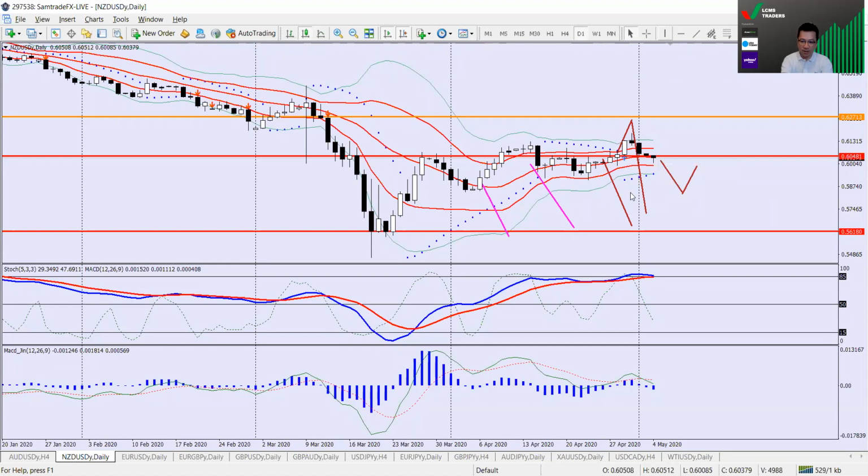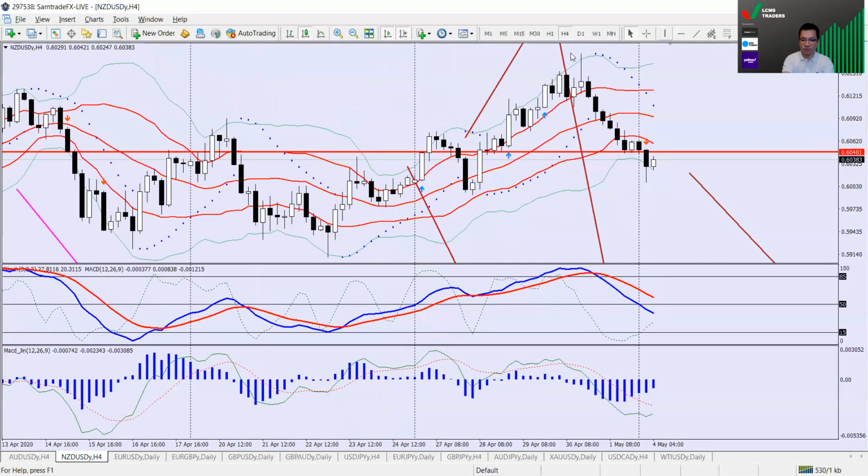That was on the daily time frame. On the H4 time frame, like the Aussie, we could see it go up a little bit, retest that area, going back up to this level before a possible move back down again. So today we could see some retracement in terms of Aussie and Kiwi.